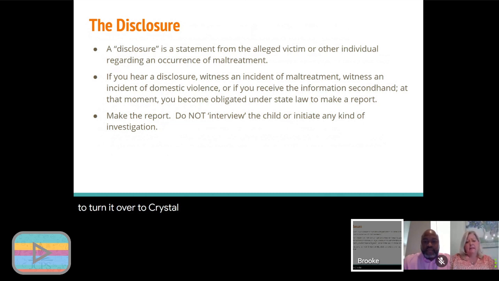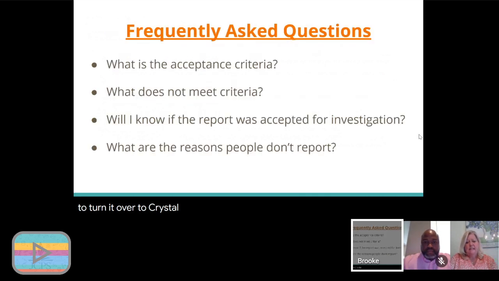And we really want to limit however many times that the child has to tell their story. That's a difficult situation. So make the report, but don't interview the child or initiate any type of conversation or investigation. So, and now I think the next is our frequently asked questions.